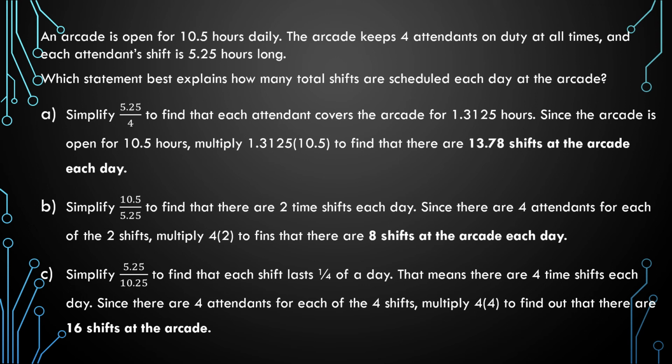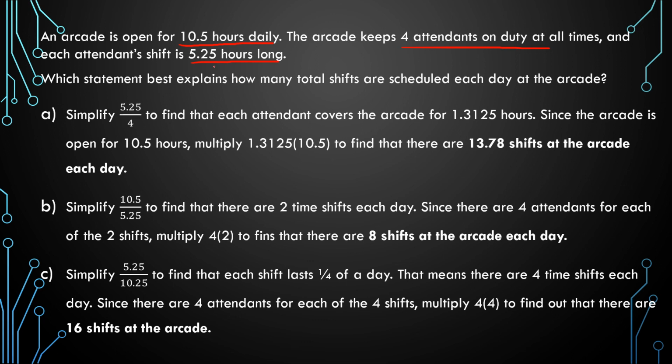Okay. Well, before we read through all of these, let's think about how we would solve this on our own. I know that the arcade is open for 10.5 hours every day, and there's 4 attendants on duty at all times. Each attendant's shift is 5.25 hours long.